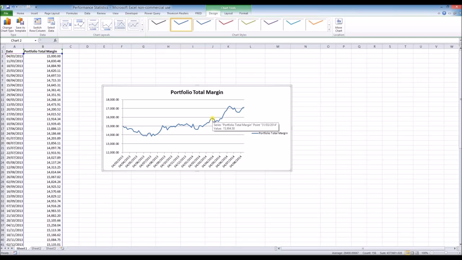So for example, just eyeballing this chart, the value of the portfolio is at 15,904 on the 31st of March 2014. Then it goes down to the next data point in April, and then again, so 7th of April, then 14th of April. They're all negative periods, so that is one whole drawdown there.